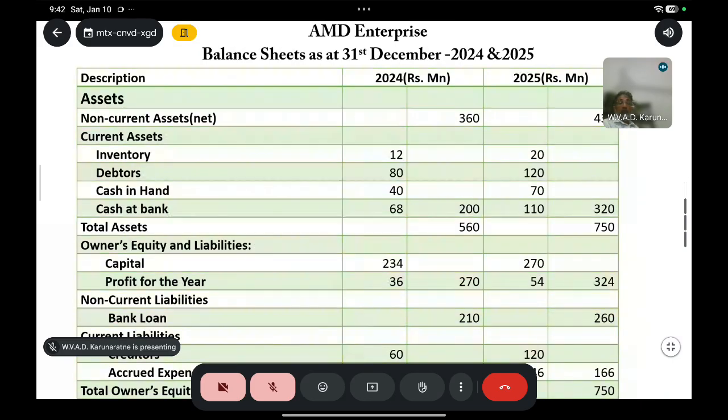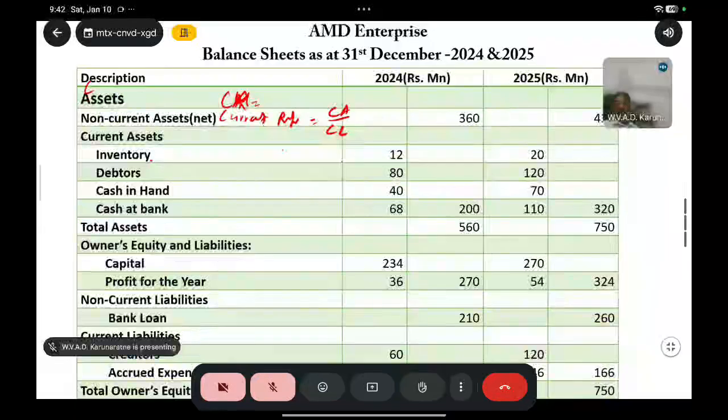Likewise, we can calculate different ratios, right? Not only that, now if you want to calculate the current ratio, how to calculate it? Current ratio equals current assets over current liabilities.